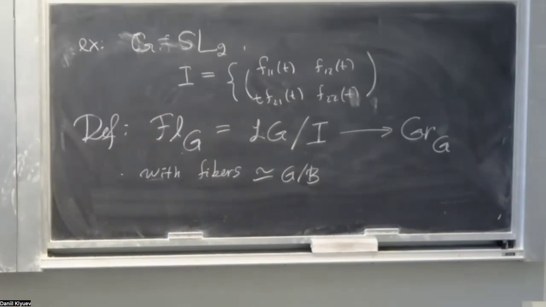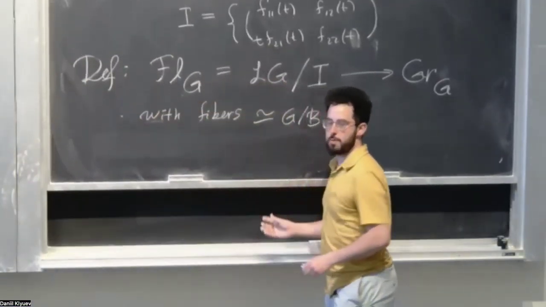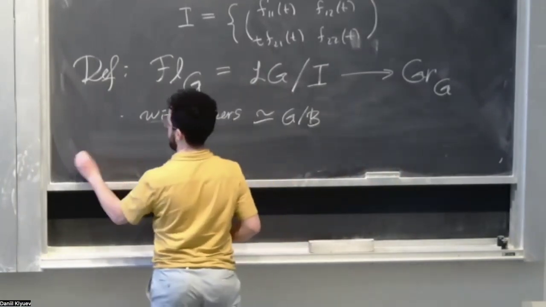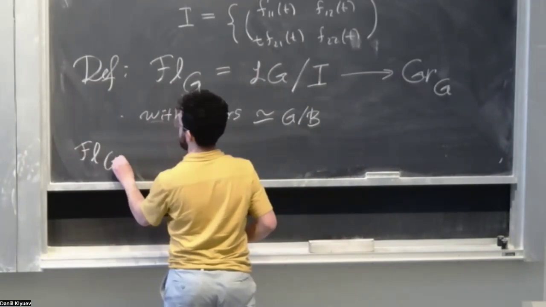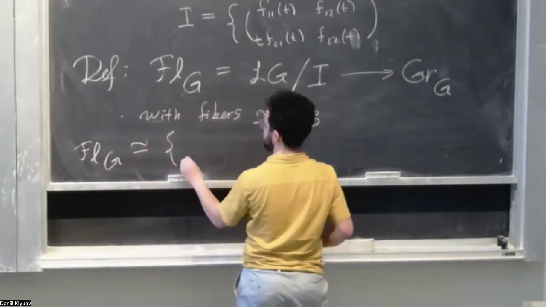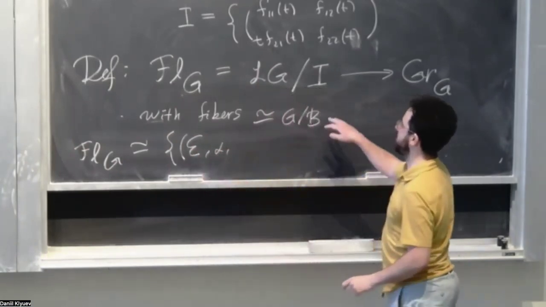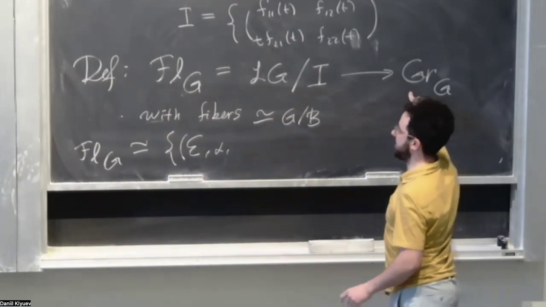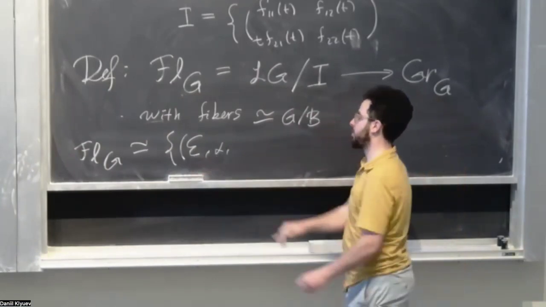It also has a description in terms of vector bundles and trivializations. First of all, we have an element here: a vector bundle on the formal disk and a trivialization on the punctured disk.